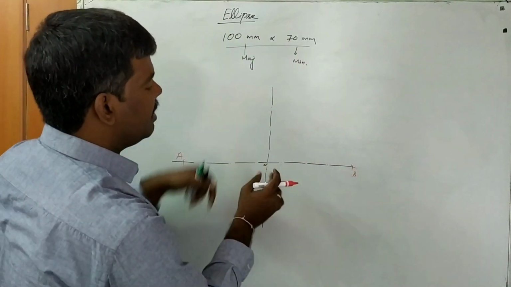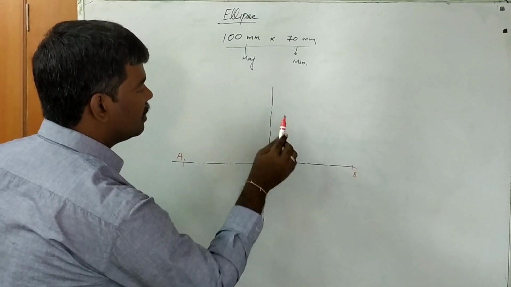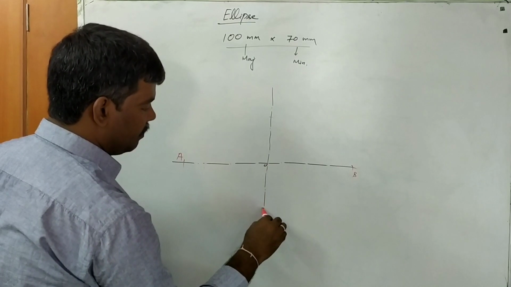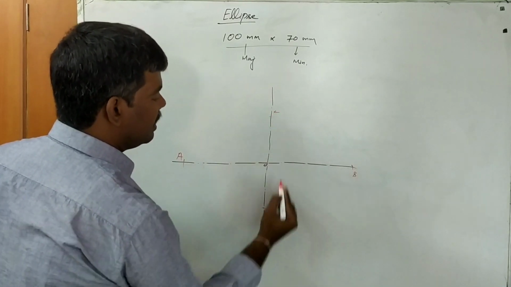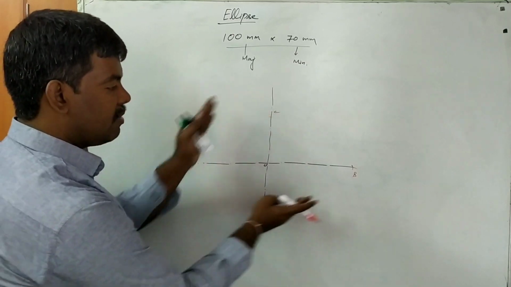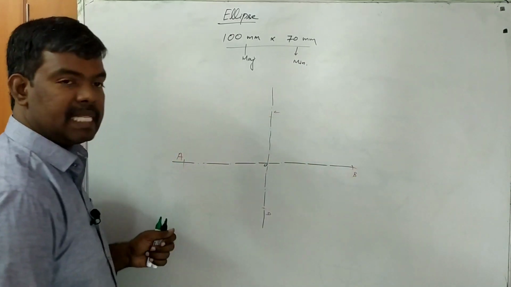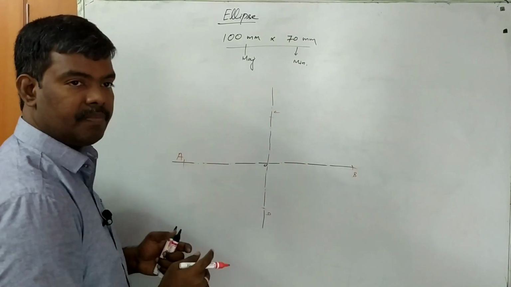Next, the minor axis 70: from O, 35 here and 35 here. So CD is the minor axis, 70 long. This is 70, this is 100. So we have completed the major and minor axis ends A, B, C, D.